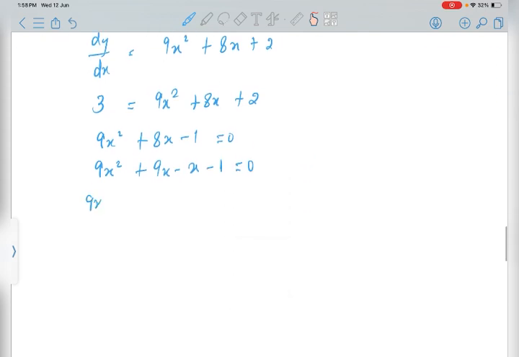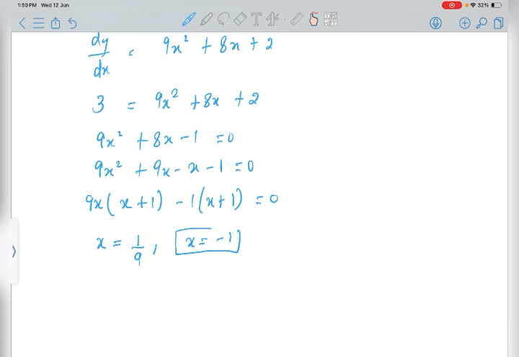Take 9x common, x plus 1, minus x plus 1. So we have two values, x is 1 by 9, x equals minus 1. minus 1 वाला हमने already use कर लिया है. Now x equals 1 by 9.